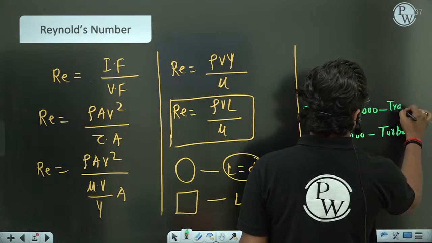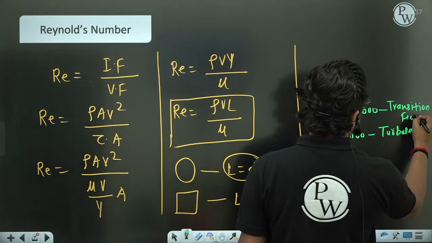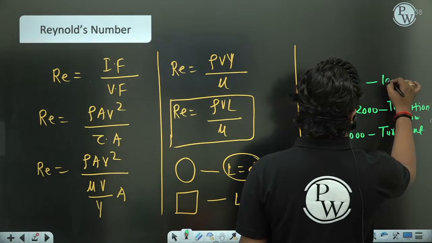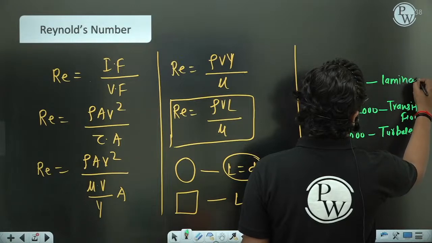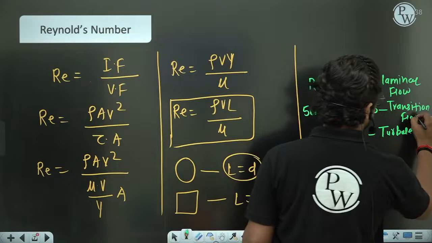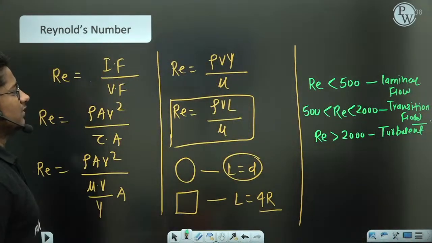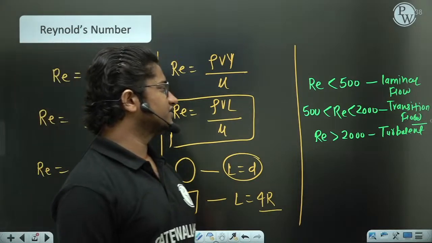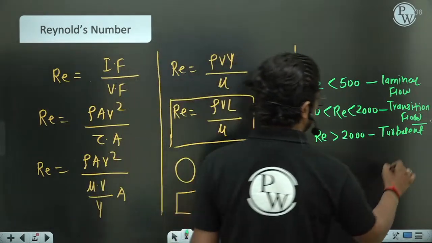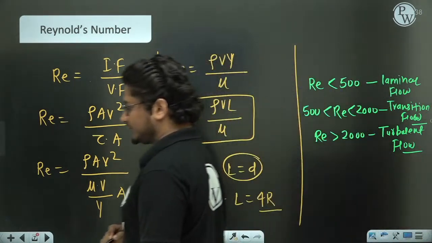Then this we call transition flow. Then this we call laminar flow. Laminar flow, transition flow, turbulent flow.